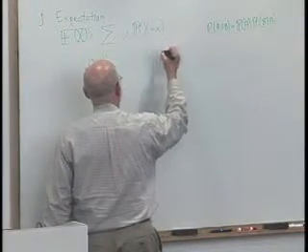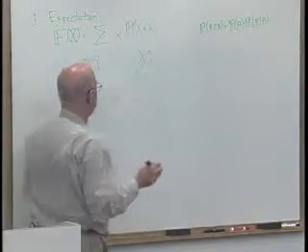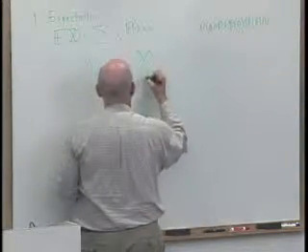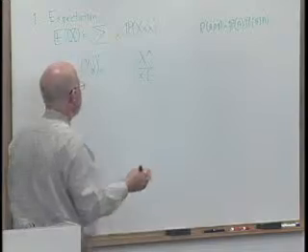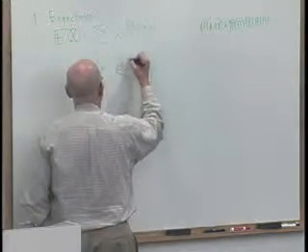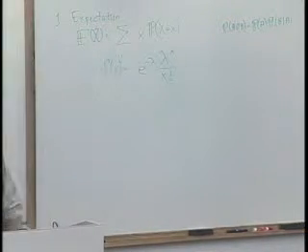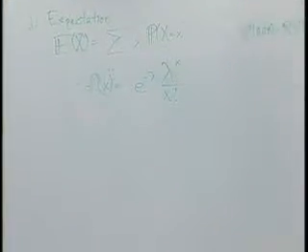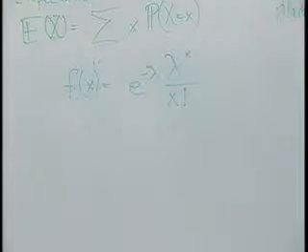The important part is it's this parameter lambda raised to the x power divided by x factorial, but this doesn't sum to 1 in its current form, so I have to put e to the minus lambda outside just in order to make the probability sum to 1.